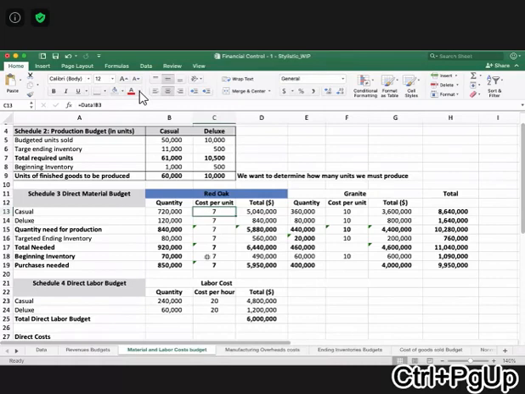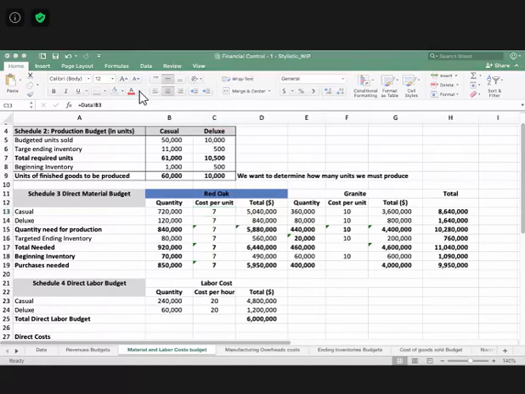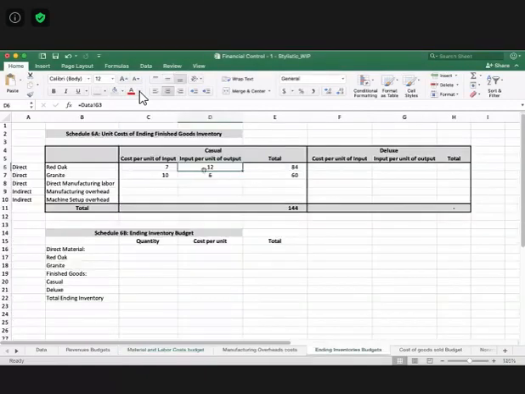So that's why we take the cost per unit from the material and labor cost budget instead of the data, just in case it's a different price that we buy the Red Oak. So here again, the units of Red Oak that we have in our ending inventory are the last Red Oak we bought, right?